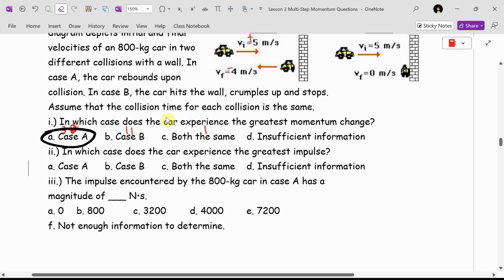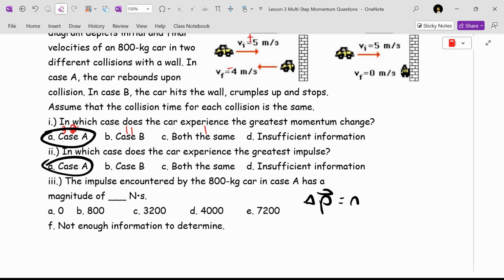Question number 2. In which case does the car experience the greatest impulse? Nick. Why? Because impulse is the same thing as change in momentum. Number 2 is the same question as number 1, just phrased differently. Number 3 says the impulse encountered by the 800 kilogram car has a magnitude of, well, impulse is mass times change in velocity, so it's going to be 800 times -9, which is what?